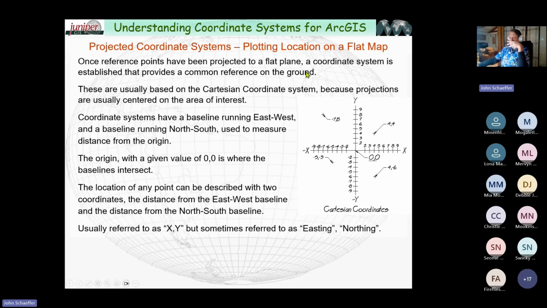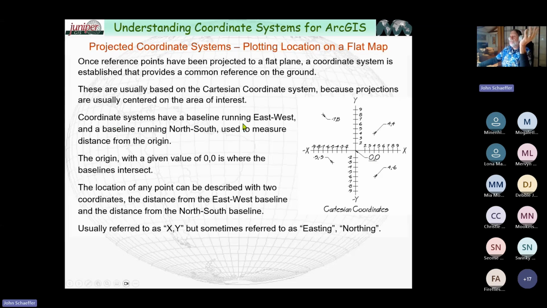Usually based on a Cartesian coordinate system, because projections are usually centered on the area of interest. So we have our north-south and our east-west axis. Where they meet is 0, 0. We initially design a projection so this 0, 0 is in the center of our area of interest. And we'll show you a couple tricks about this 0, 0 later.